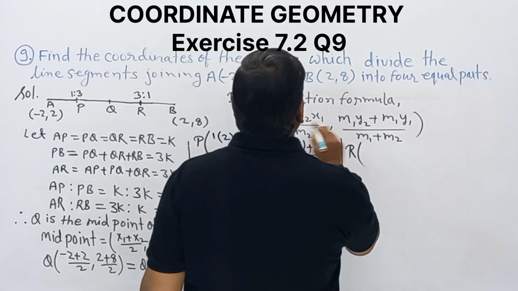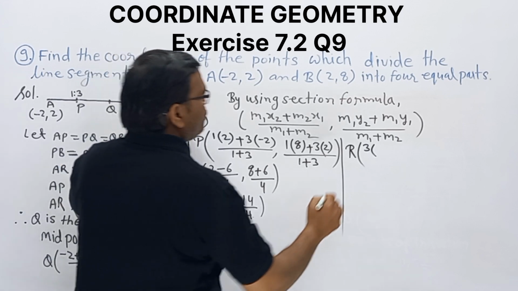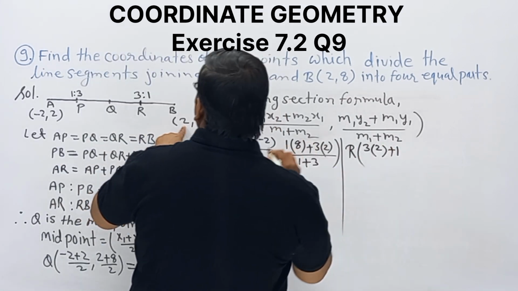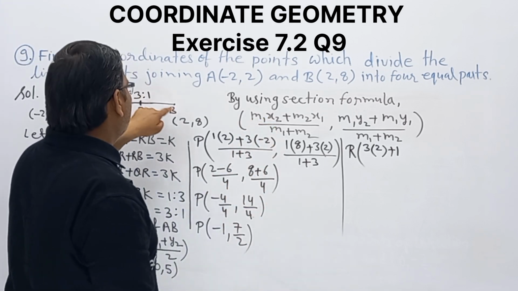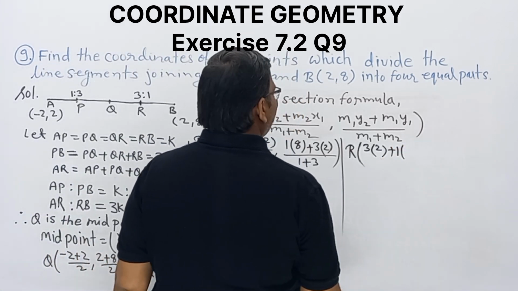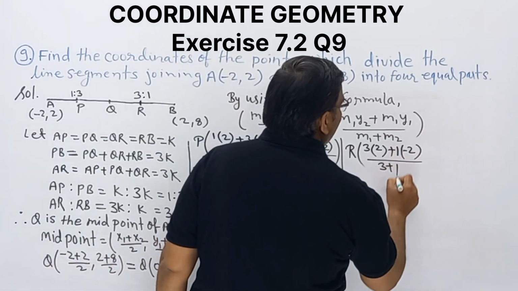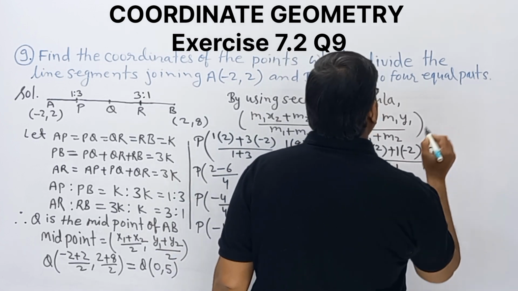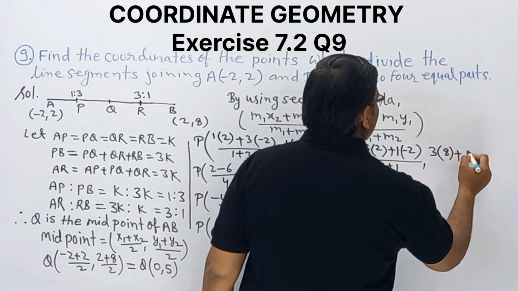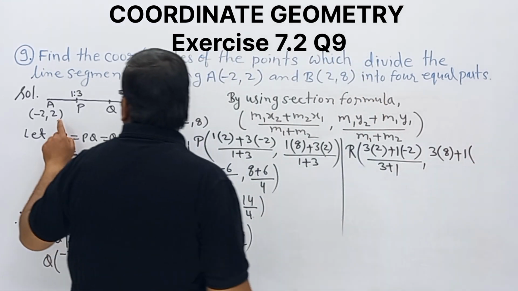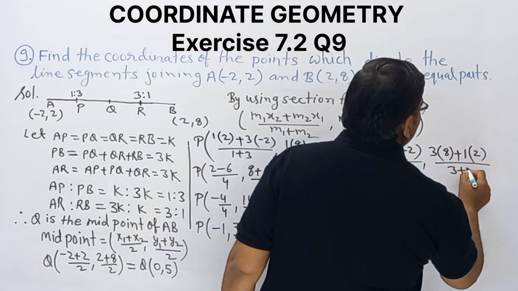So M1 into x2, 3 into x2, where x2 is 2, plus M2 into x1, M2 is 1 into x1, which is minus 2, divided by M1 plus M2, comma M1 into y2, y2 is 8, plus M2 into y1, y1 is 2, divided by 3 plus 1.